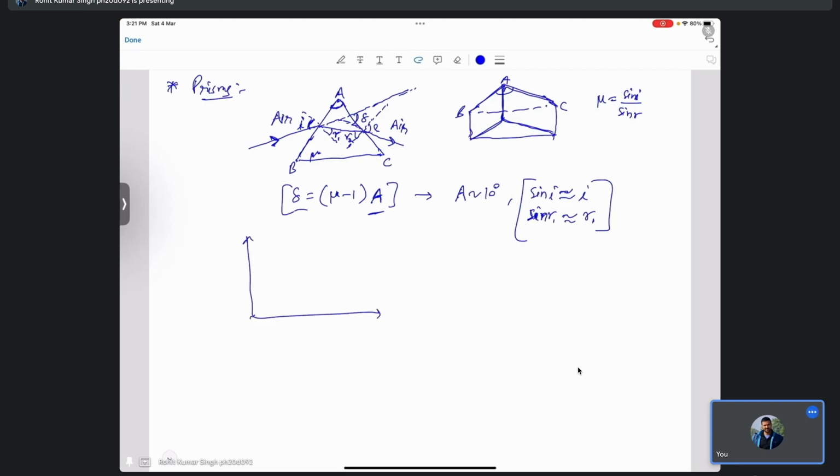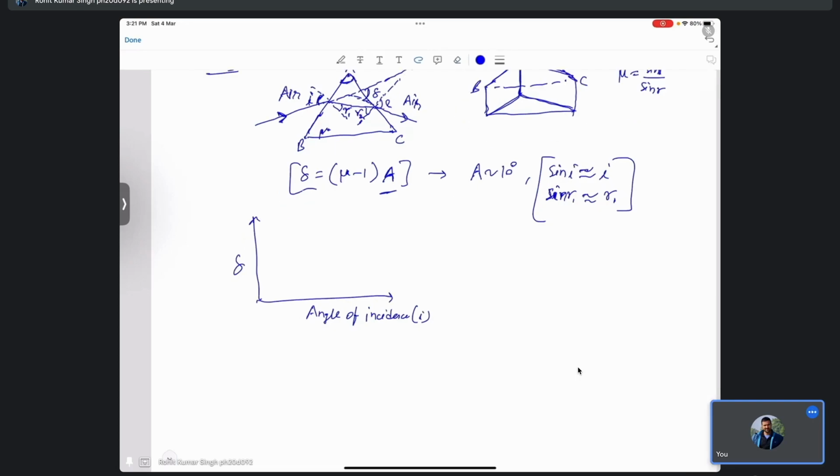So suppose on the x-axis I'll keep the angle of incidence, which is I, and here you have the angle of deviation.